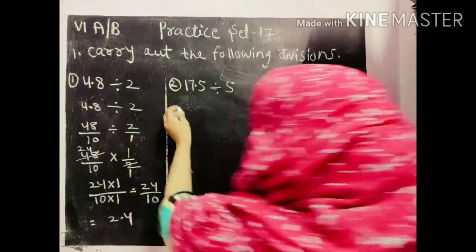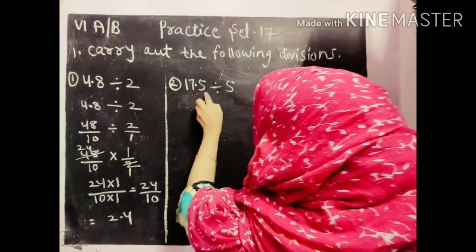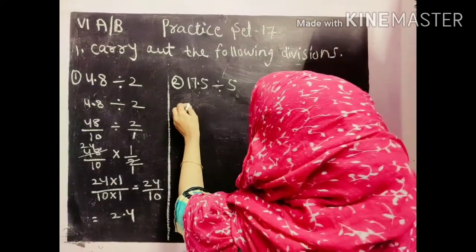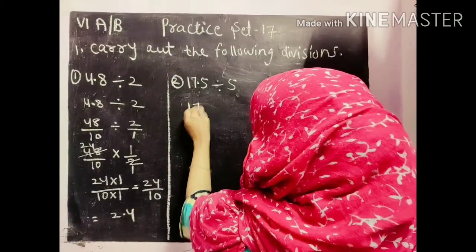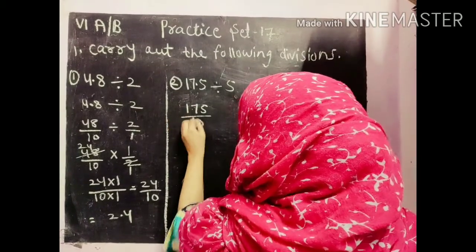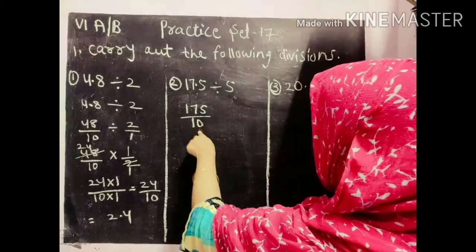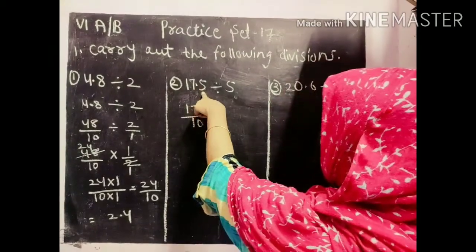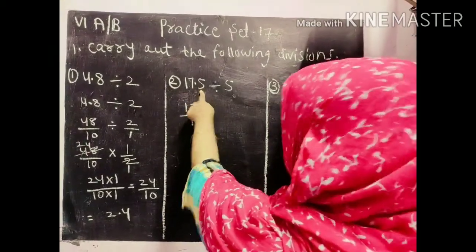Now come to question number 2. 17.5 divided by 5. Here we will do the same. 175 upon 10, because after the point only 5 is given, and that is again the tenth place.